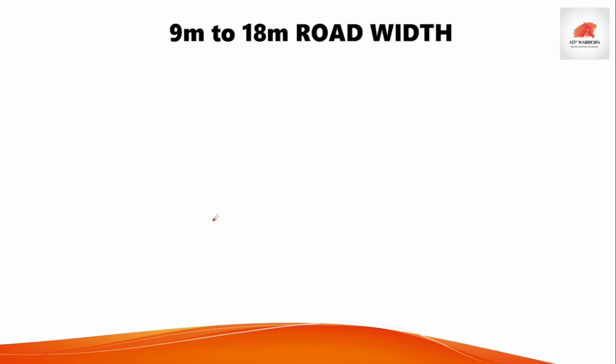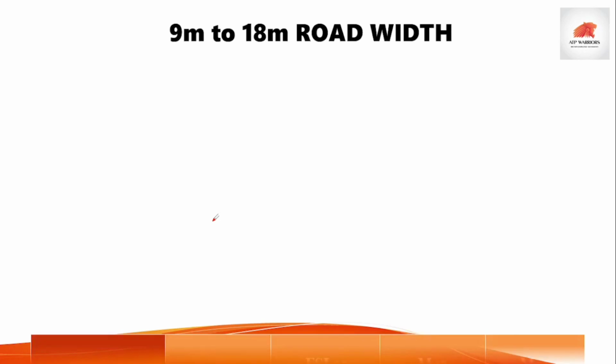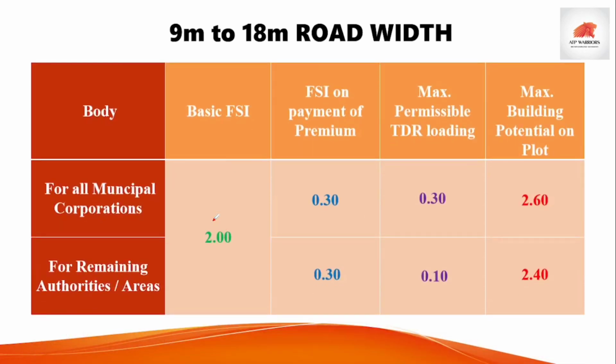So let's take the next criteria, the road width between 9 meter to 18 meter. Let's see in a table chart first. For the municipal corporations, for the road 9 meter to 18 meter, the basic FSI is 2.